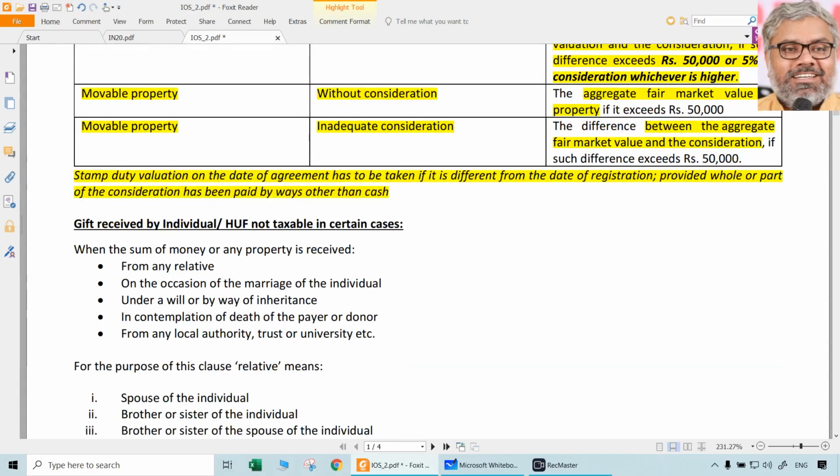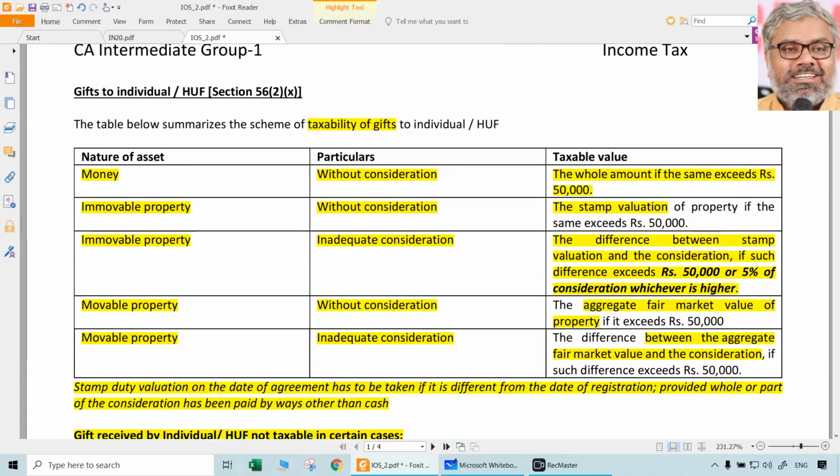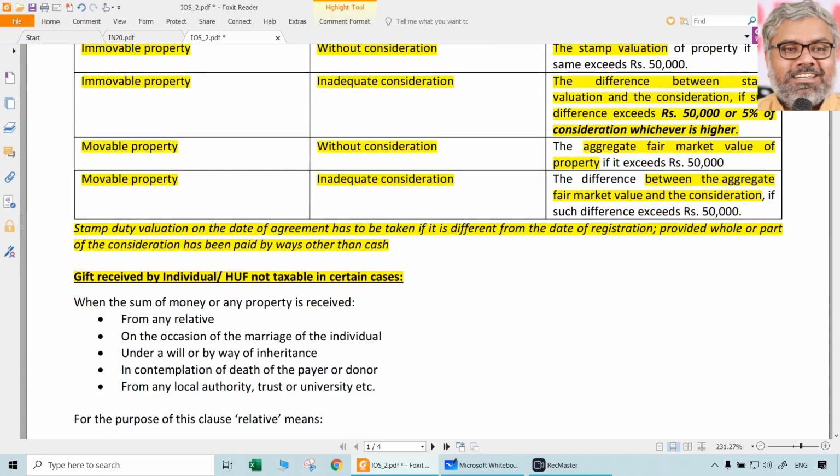Now moving to a very important point once again, because what is taxable and how it is taxable is one part. When a gift is not taxable is also very important, because in the following cases nothing is taxable. You can say gifts are exempted, but instead of using the word exemption, let us say they are not at all taxable. When?